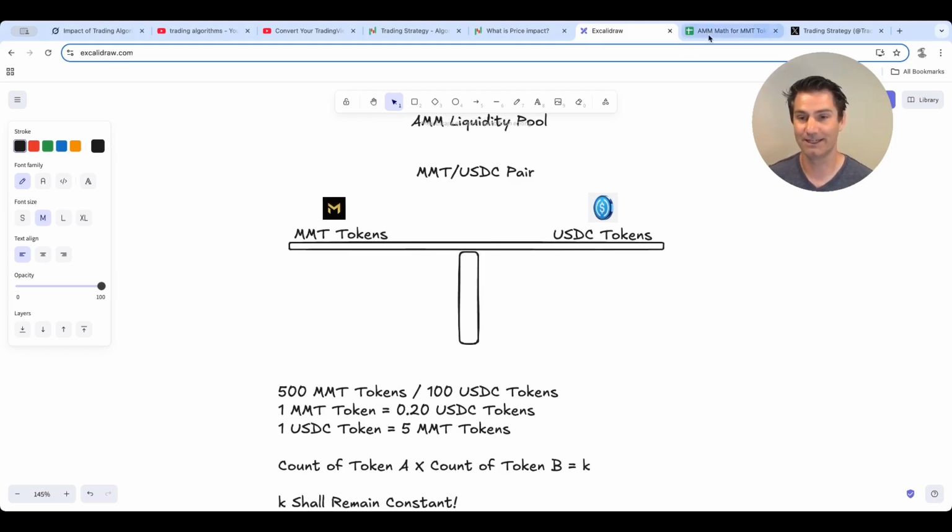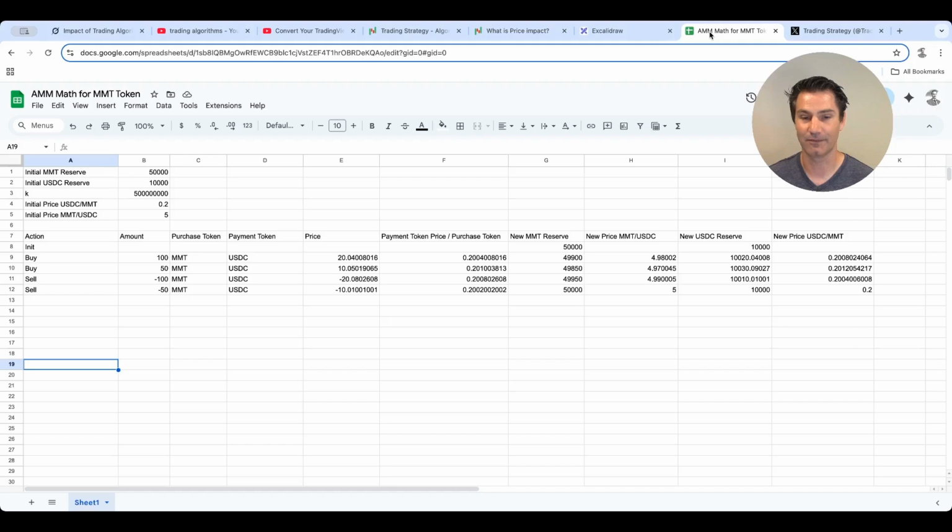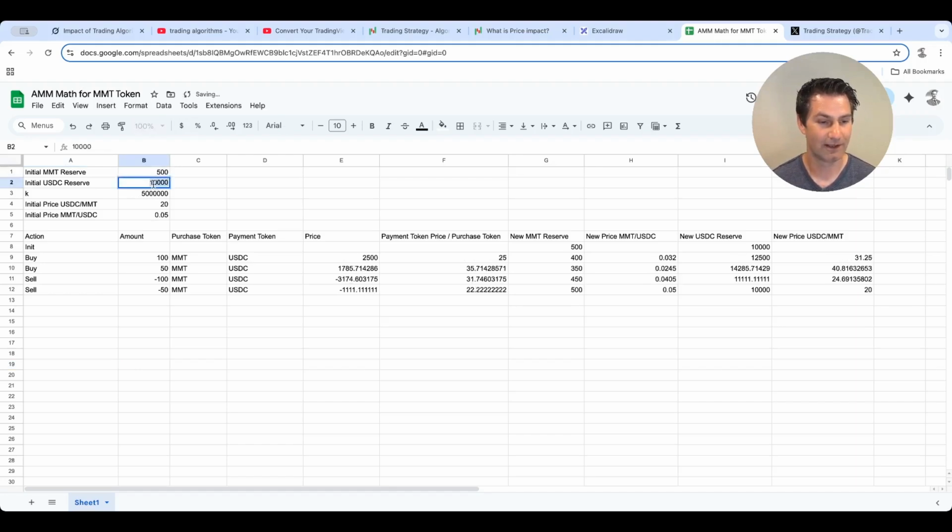Okay, and so I did a simple little Google sheet here. If we come back, let's go back to 500 and 100. Here is my initial MMT, my initial USDC, and those initial prices. Then we have a theoretical transaction history.